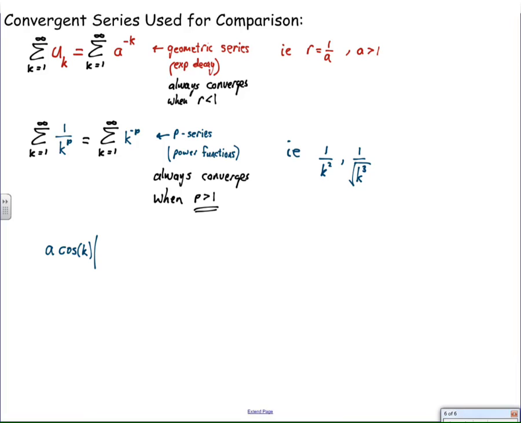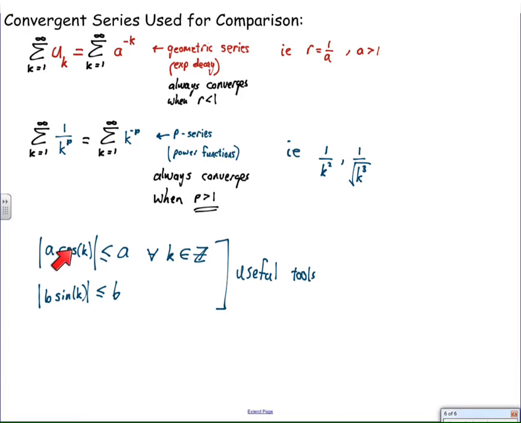We're going to be able to use these facts along with two other facts: cosine functions are bounded by 1, and so stretches of cosine functions are bounded by the stretch factor. Same thing for the sines. So this is a useful tool for comparison as well. Anytime we see trigonometry, we can use 1 or -1 as a point of comparison, because it will always be the upper bound of the cosine function or sine function.